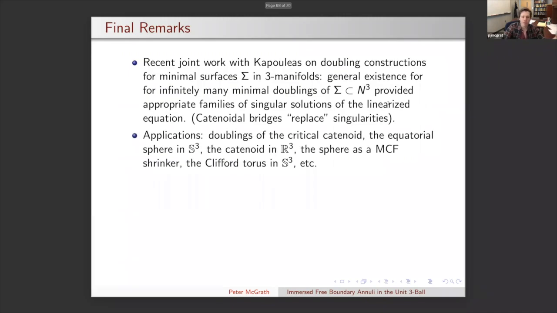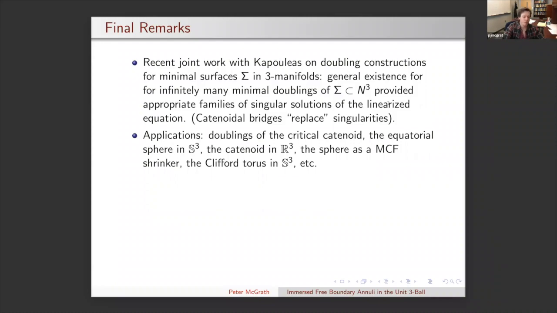And so in some of our recent work, we have developed a general apparatus for doing such constructions, and we've shown that we can apply the apparatus successfully to construct, for example, doublings of the critical catenoid as free boundary minimal surfaces in a three-ball, doublings of the equatorial sphere as embedded minimal surfaces in a three-sphere, doublings of the catenoid in R3 as complete embedded minimal surfaces in R3 of finite total curvature, doublings of the sphere as a mean curvature flow self-shrinker, and the list goes on.